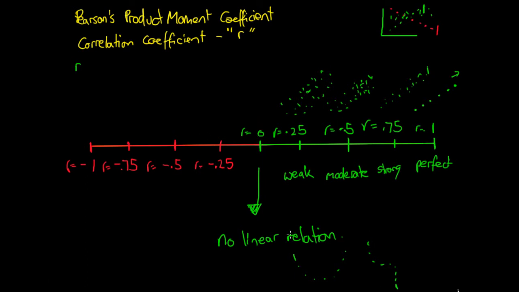So if we have one of these perfect U shapes, or these S shapes, or these W shapes, which are quadratics, sorry, not quadratics, power of 4, I forget what they're called, it's not a linear relationship, even though it is a perfect relationship.